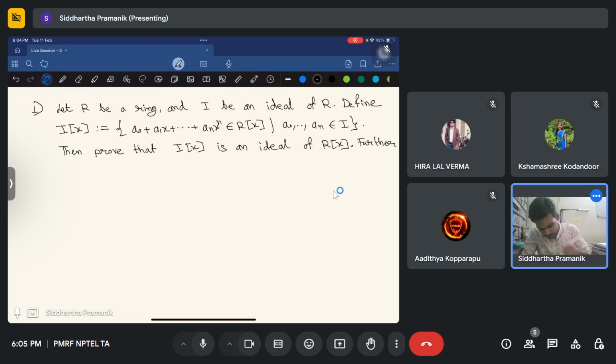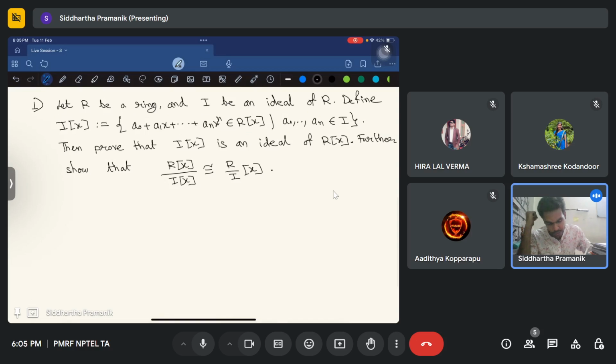Further, if I[x] is an ideal of the polynomial ring R[x], we can define the quotient ring, right? So what will be R[x] mod I[x]? We will see that it will be isomorphic to, you take the quotient ring R mod I first, then take the polynomial ring, meaning you attach the variable. So these two rings will be isomorphic.